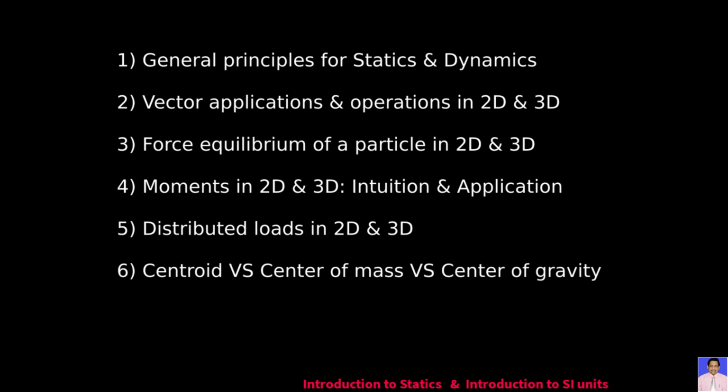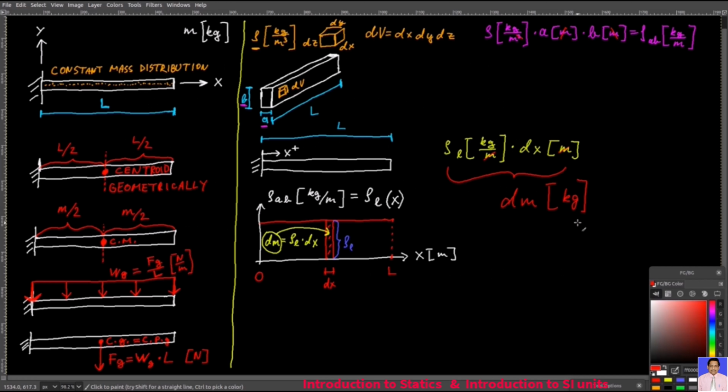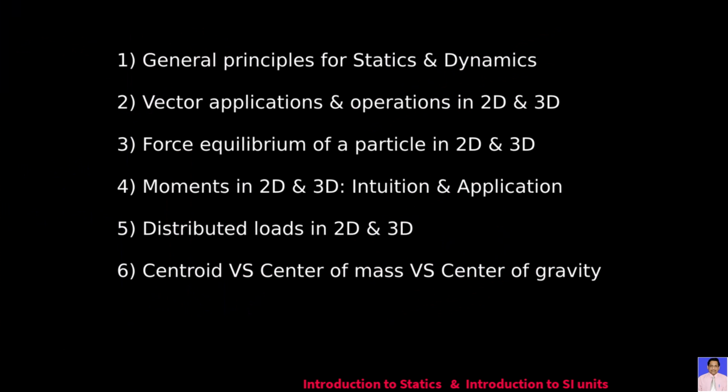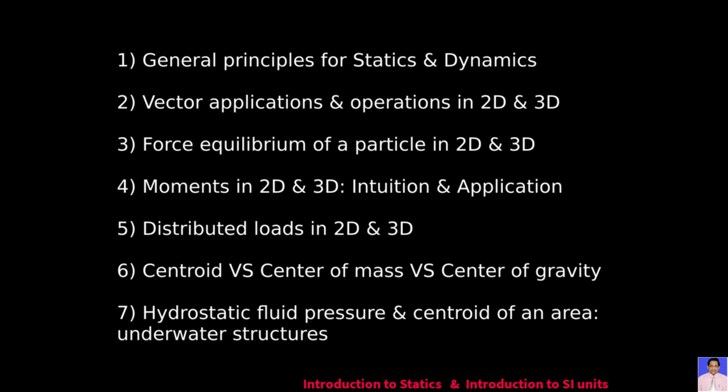Then, I will teach you the difference between the concepts of a centroid, center of mass, and center of gravity for a body. You will see when these three concepts are the same and when they are different when we go through a simple space elevator example.